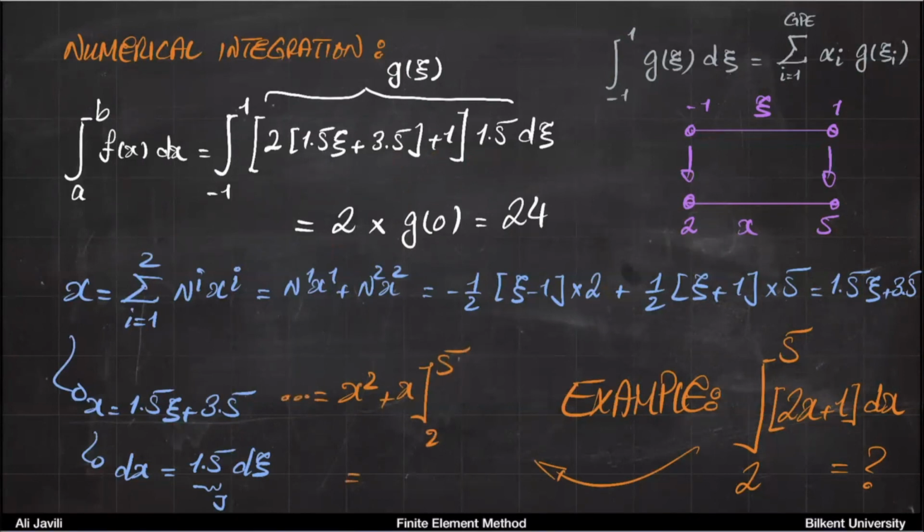And now if you do that, you get 25 plus 5 minus 4 minus 2, which is also 24. So you see that your analytical solution matches the approximate solution, as we expected.